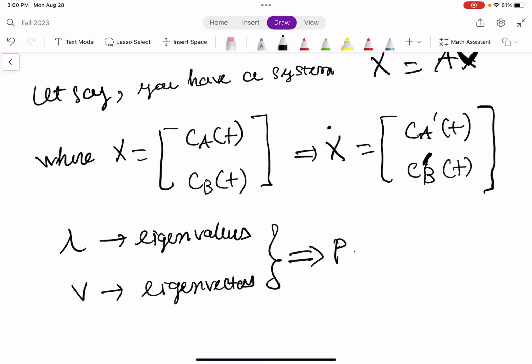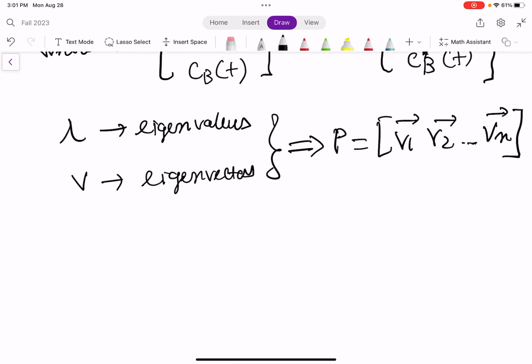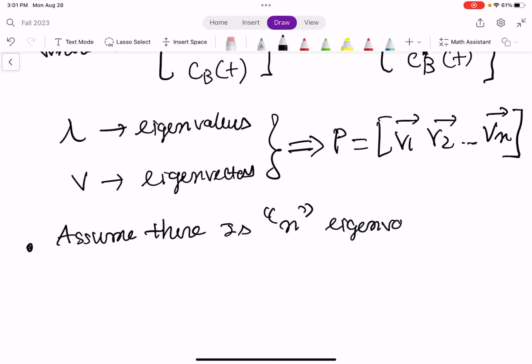So P will look something like this: V1, V2, all the way to Vn. Okay. So I'm going to assume there are n eigenvalues.